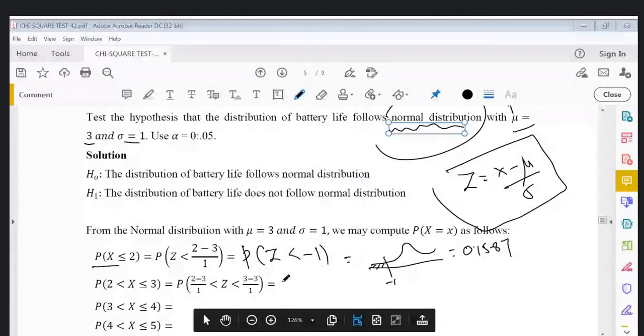What is the area from negative 1 until 0?